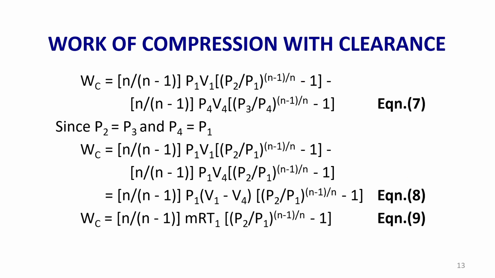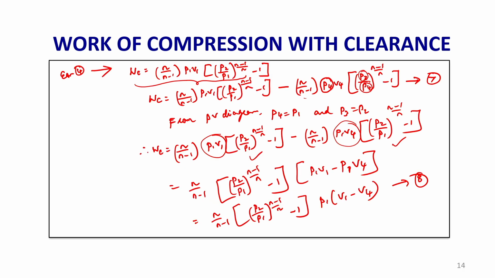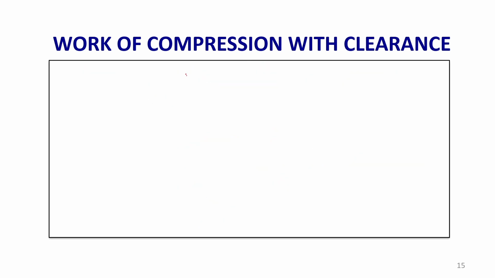And similarly, instead of this term P1 V1 we can write MRT1, because P1 V1 is equal to M into R into T1.